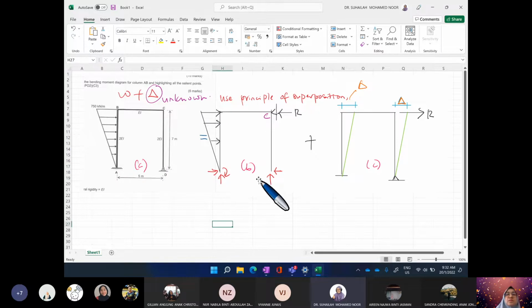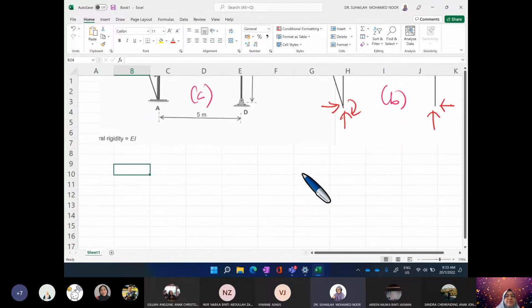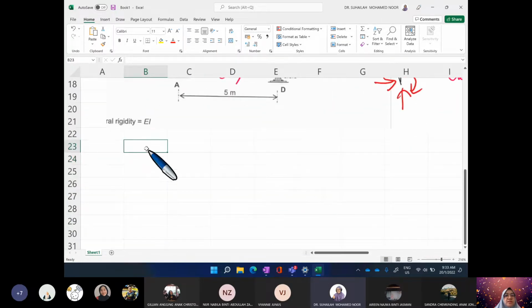Okay, so table number one in the moment distribution method for a frame with sway is actually analyzing diagram B. So how to analyze this? We have a distribution table. In the table we have the members. We have to calculate K in terms of EI. And then from K we calculate the distribution factor.